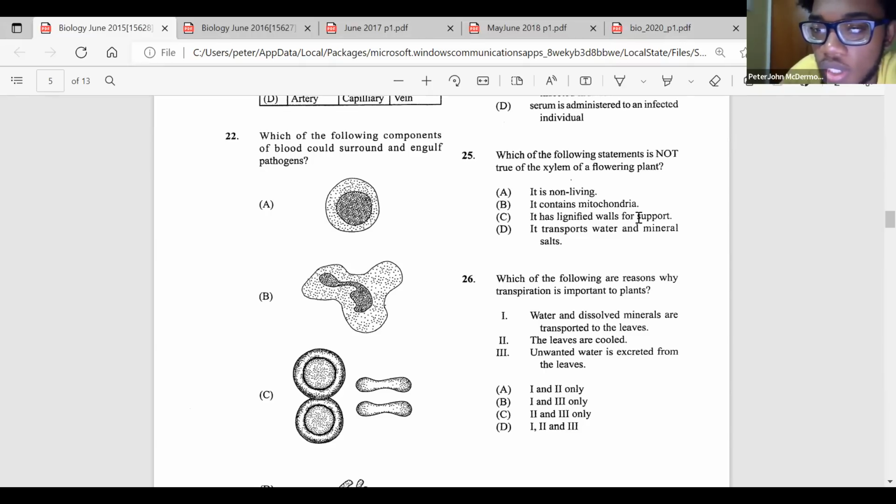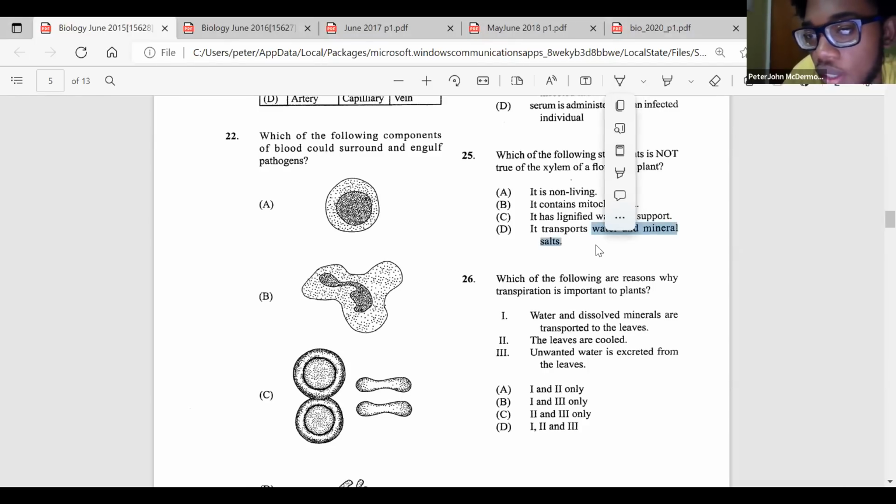Xylem is under a lot of pressure, so it needs lignin in its walls. Remember this word, guys: lignin. I don't think I did that at CSEC, but yeah, lignin in the walls of the xylem. Transport water and mineral salts, we know that's true.